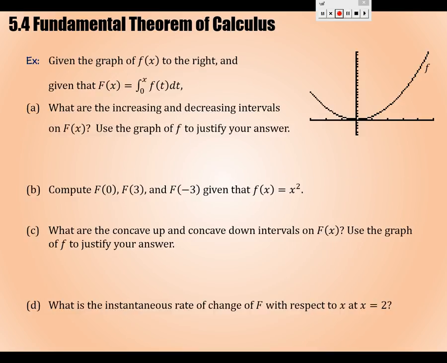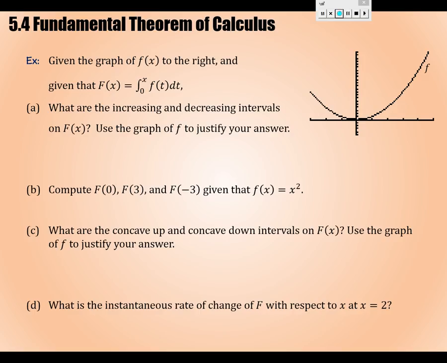Let's play around with this function just a little bit here. Here's a picture of some function, little f. Keep in mind that big F we're calling the accumulation function, right? These questions sound so familiar to us, right?